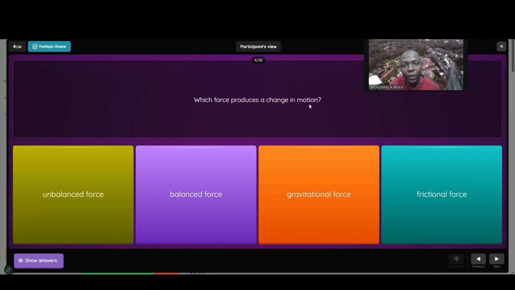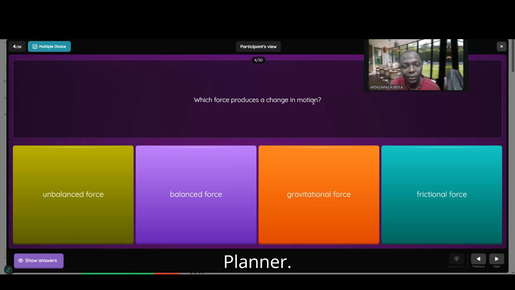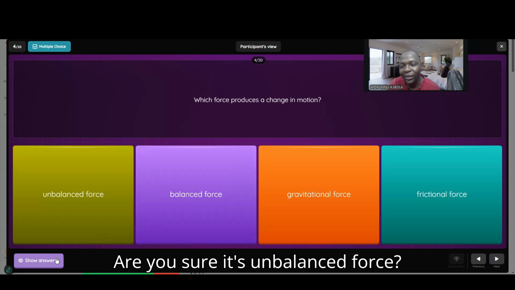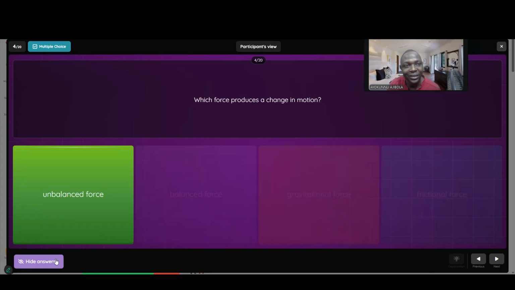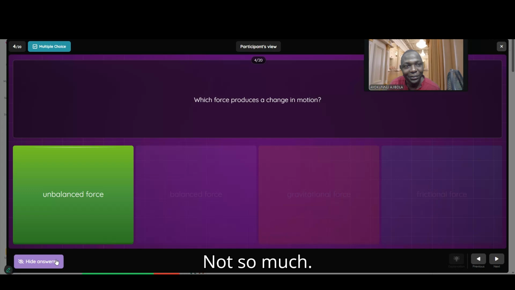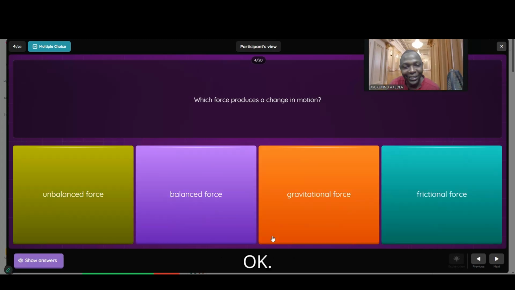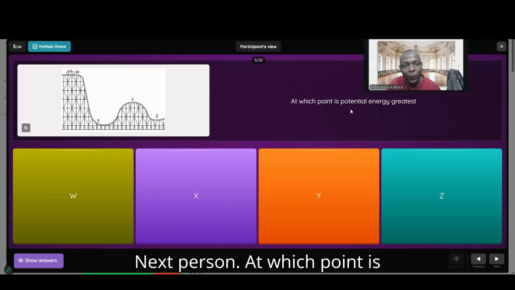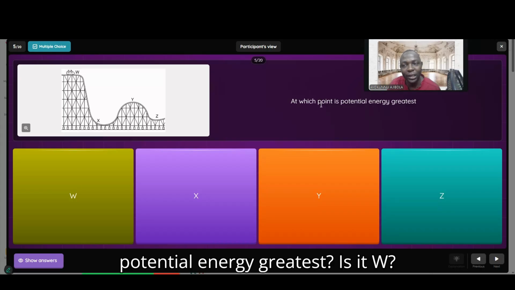Which force produces a change in motion? Are you sure it's unbalanced force? Okay. Please concentrate. Next person. At which point is potential energy greatest?